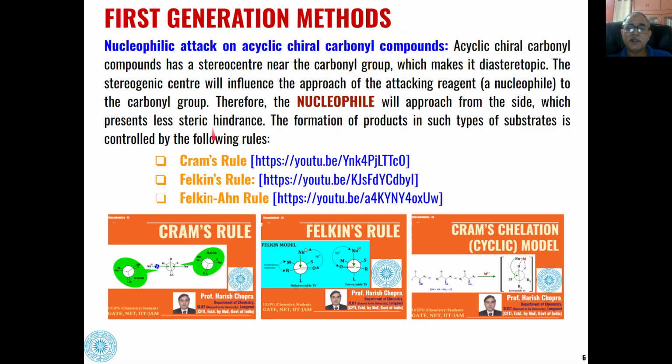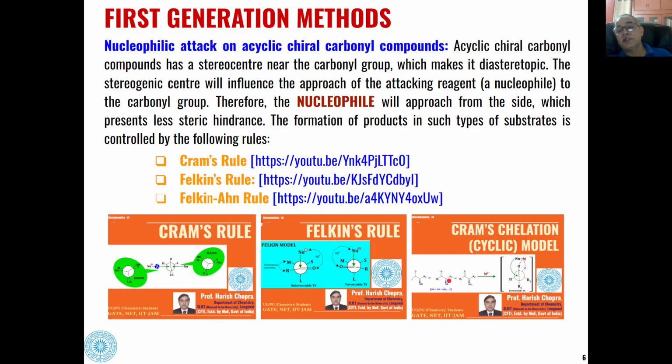We have already discussed many examples of this type of asymmetric synthesis, which follow either Cram's rule or Felkin rule, or the Cram chelation cyclic model, where the metals are also involved in nucleophilic addition at the chiral carbonyl compounds, which are acyclic in nature, and the products formed in all these cases are optically active products.